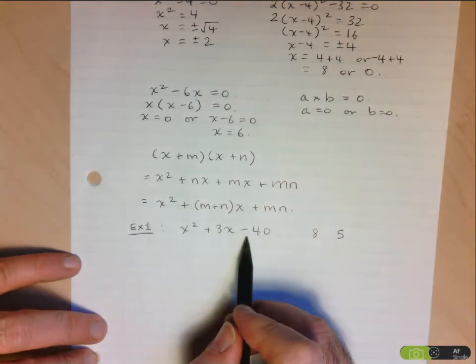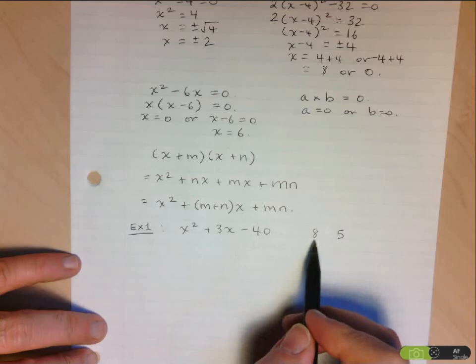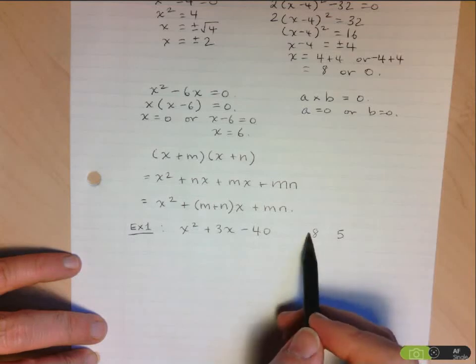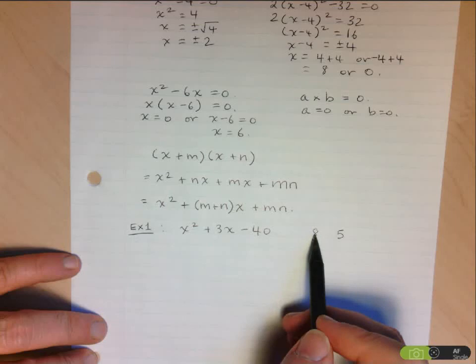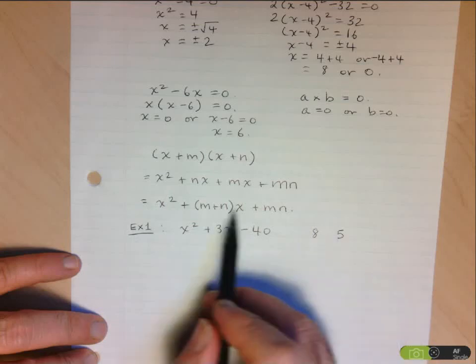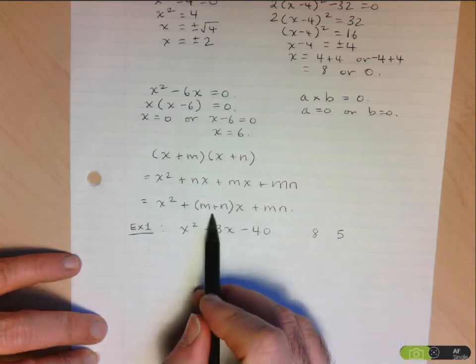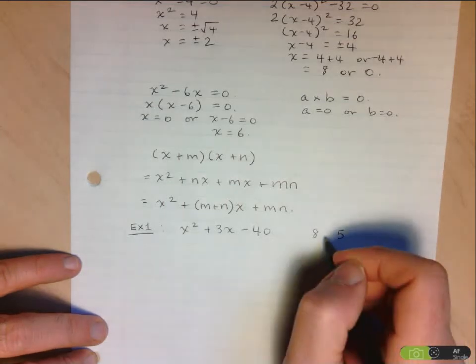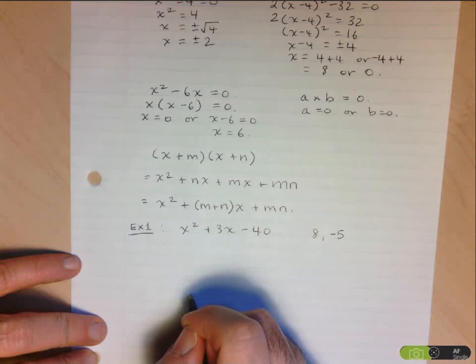Now, since the product is negative 40, one will be positive and one will be negative. So you just have to consider, will it be negative 8 and positive 5, or 8 and negative 5. And that's where the middle term comes into play, which is going to give us positive 3. So that'll be with 8 being positive and 5 being negative.